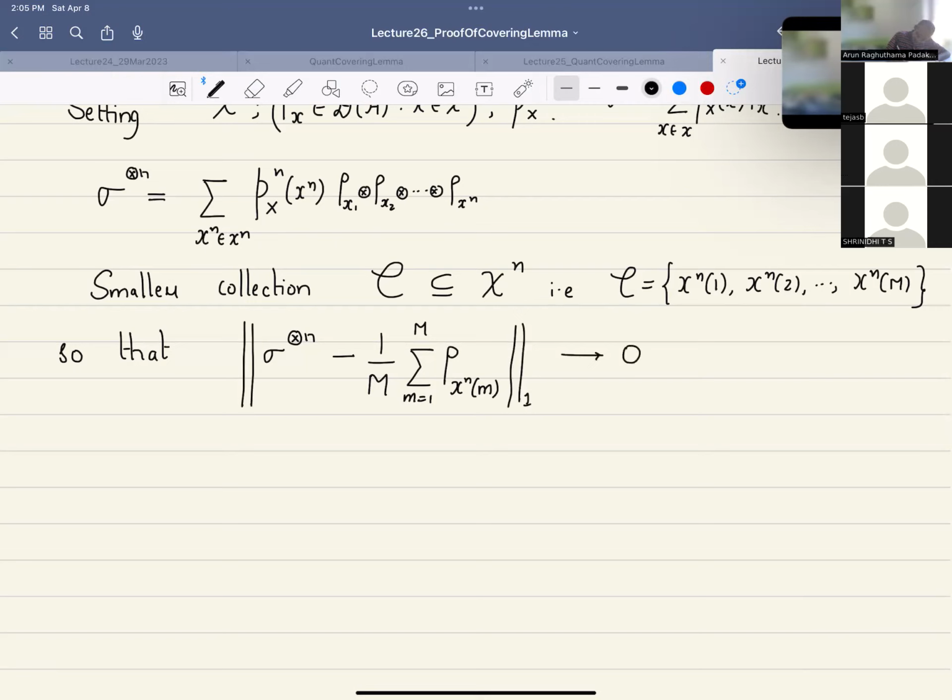Here m is a function of n, so I should be writing mn really. As n goes to infinity, mn increases at some rate, and at that rate you will be able to achieve sigma tensor n. That's what you're looking for.